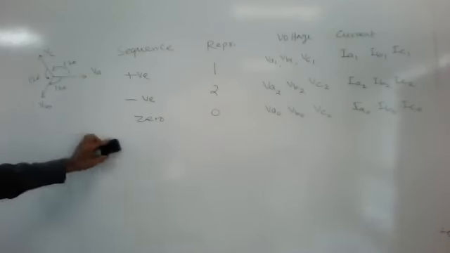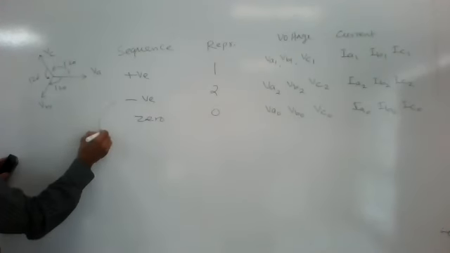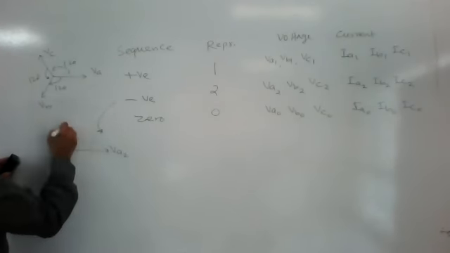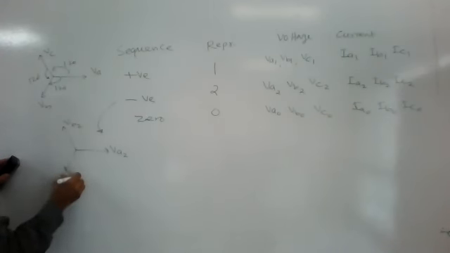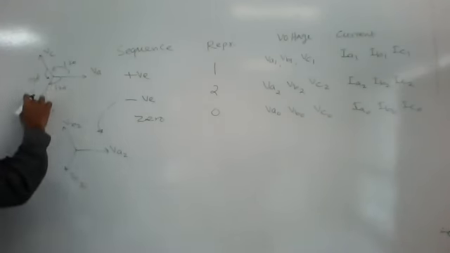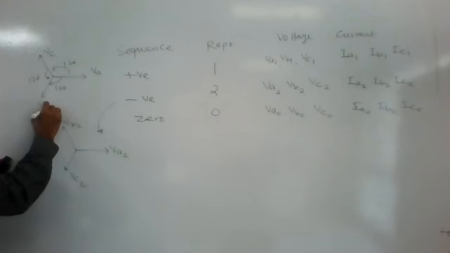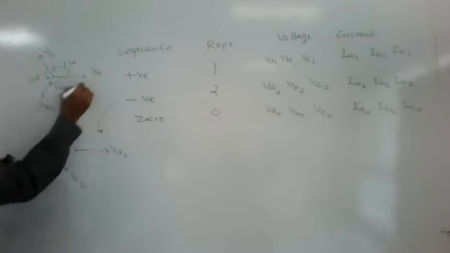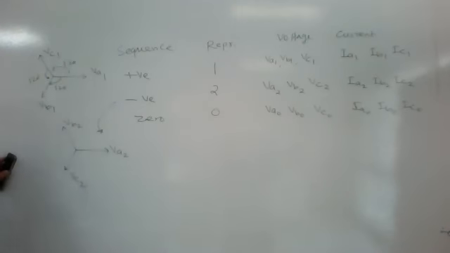Similarly, you can write negative. Negative means VA2 is here, VB2 here, VC2 here. I am just changing the positions of phase A, phase B and phase C. So these are VA1, VB1, VC1.